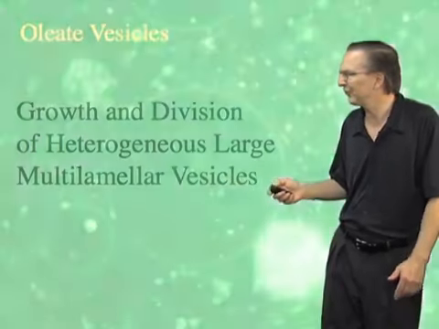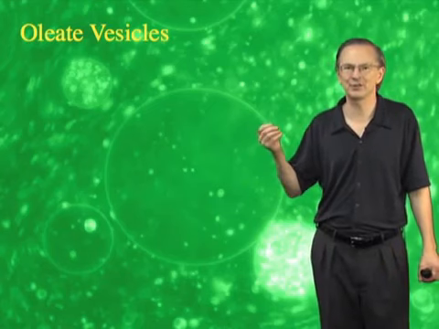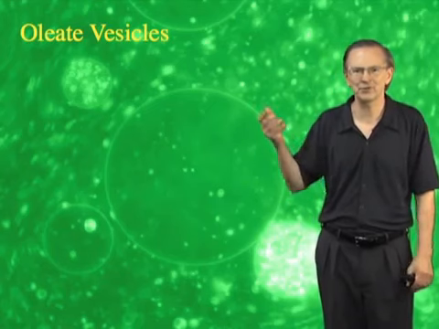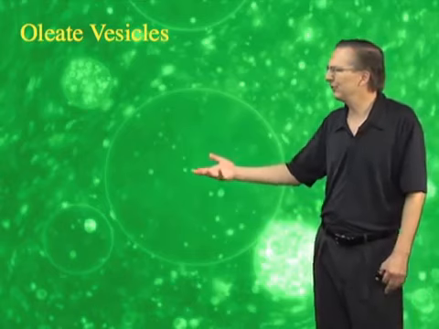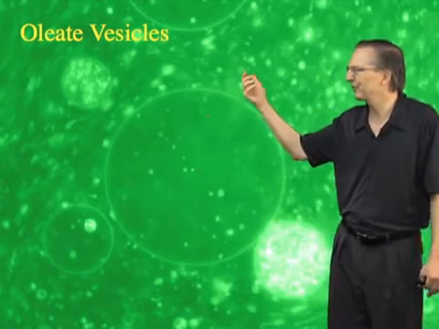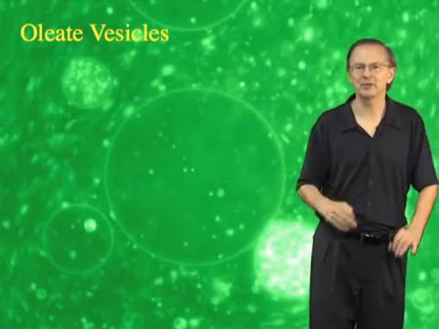So that's illustrated by this image, which shows the range and the diversity of vesicles that are formed when you just shake up oleic acid with some salt and buffer. You get these huge vesicles, tiny vesicles, compound vesicles. It's a terrible mixture.